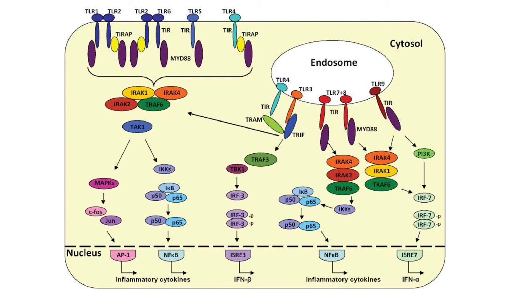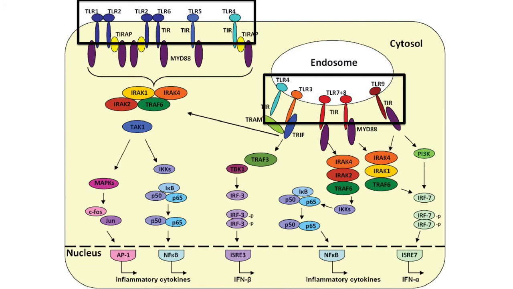Thus, we looked at how TLR signaling helps in promoting an inflammatory or antiviral response. To summarize, we have toll-like receptors that are mostly membrane proteins and are present either on the plasma membrane of host cells or in endocytic membranes inside host cells. When these toll-like receptors bind to their appropriate pathogen-associated molecular patterns, they get activated and undergo dimerization.